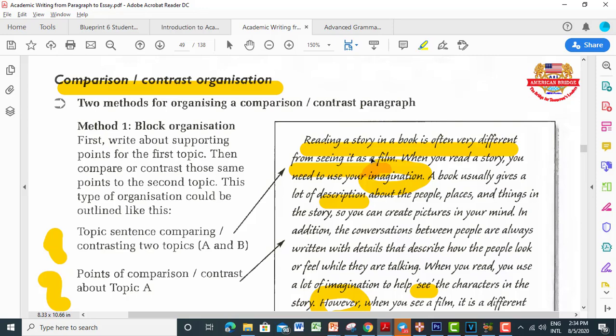And the conversations are always written with detail that describes how people look and feel while they are talking.